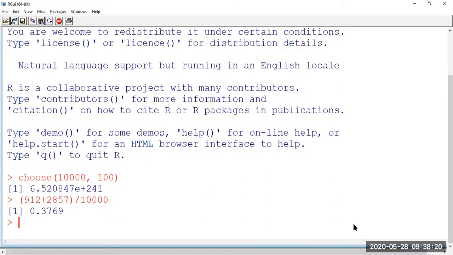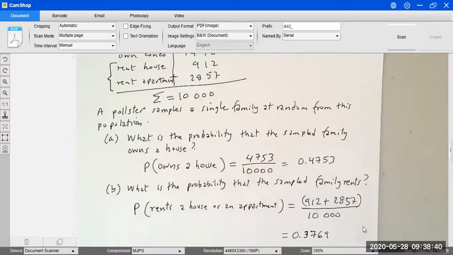So the answer is just 0.3769. So that's the probability that if you sample the town, you're going to get a family that rents, and it doesn't matter whether the family rents a house or an apartment. So that's this problem.